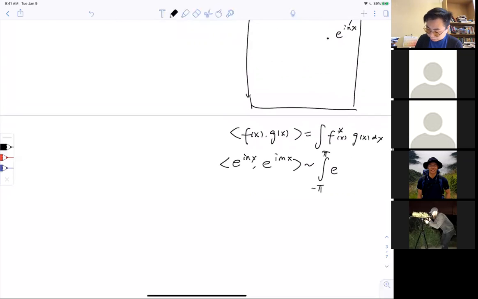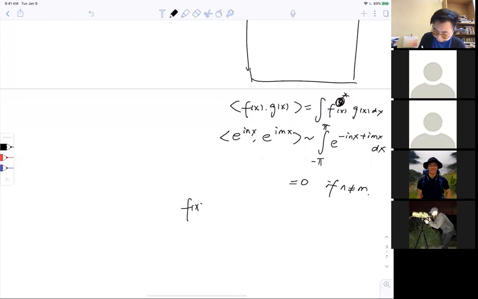So now this complex conjugate is important. It becomes e^{-inx} times e^{imx}, which is 0 if n is not equal to m. And any periodic function can be expanded using this basis.